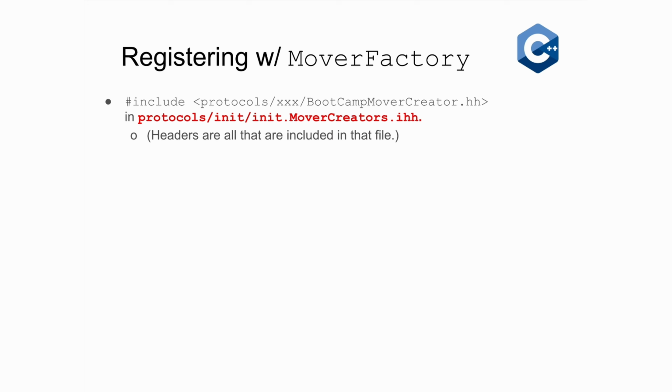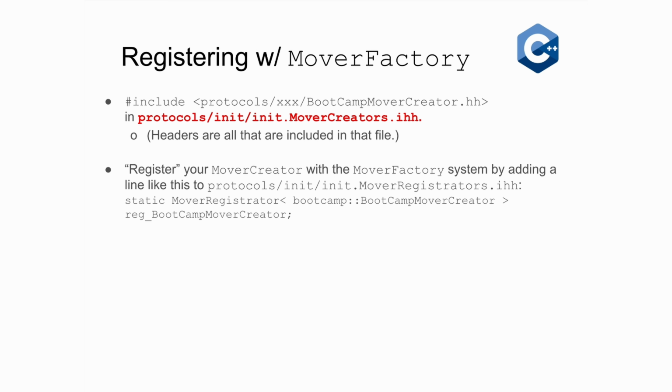So we're going to include your bootcamp mover creator in protocols init movercreators.hh. And then to register your mover creator with the MoverFactory, you'll add that to the init mover registrators.hh file.